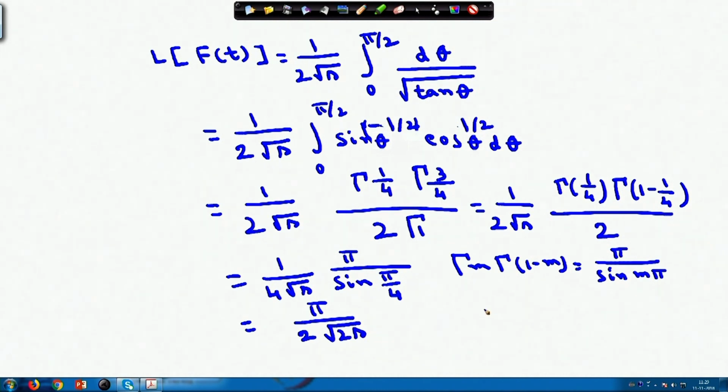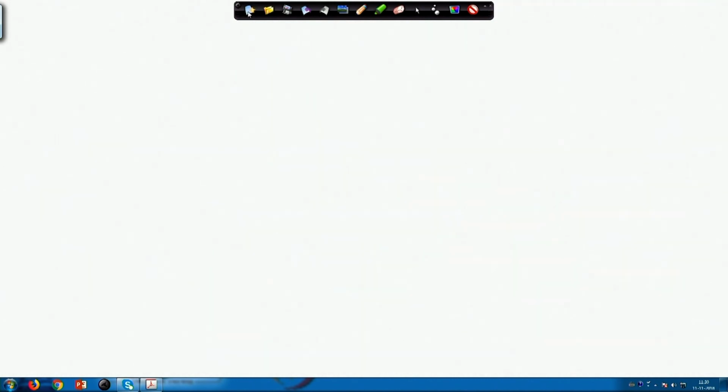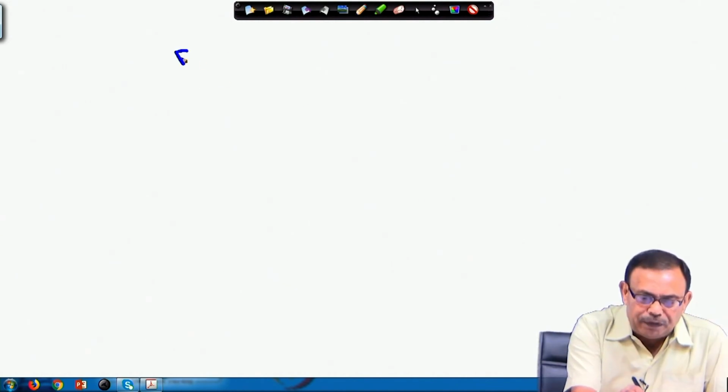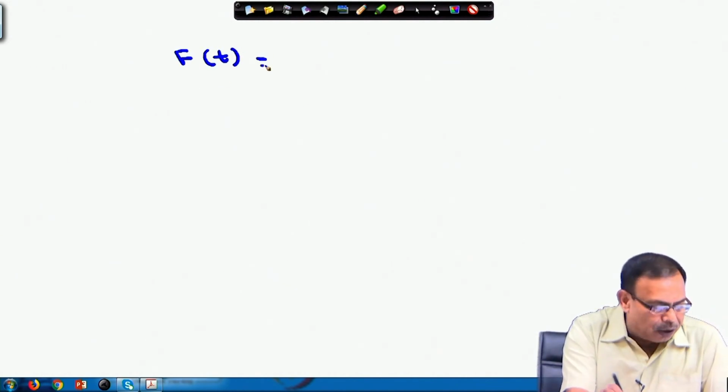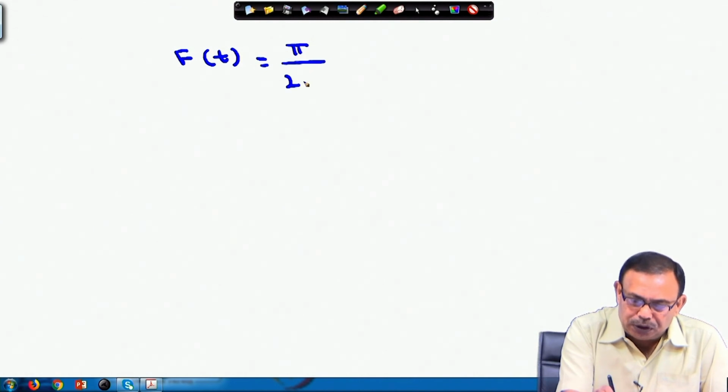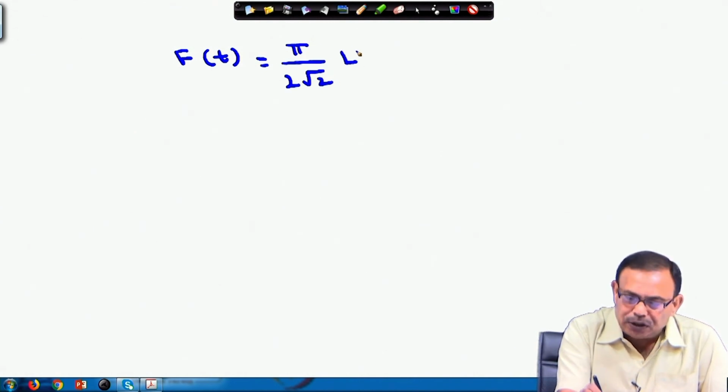So, you are getting the Laplace transform of f(t) equals pi by 2 root 2 s. So, f(t) will be the Laplace inverse of pi by 2 root 2 s. Next, let us write f(t) equals pi by 2 root 2, this will come outside, Laplace inverse of 1 by root s.